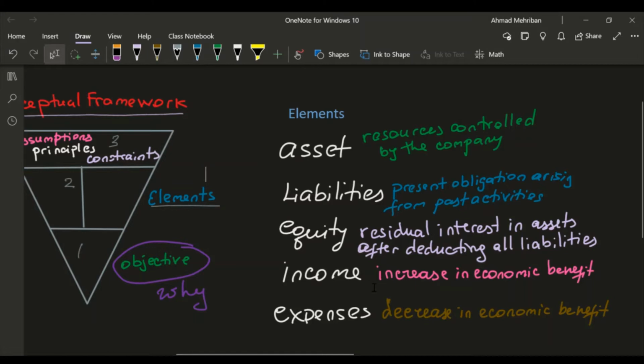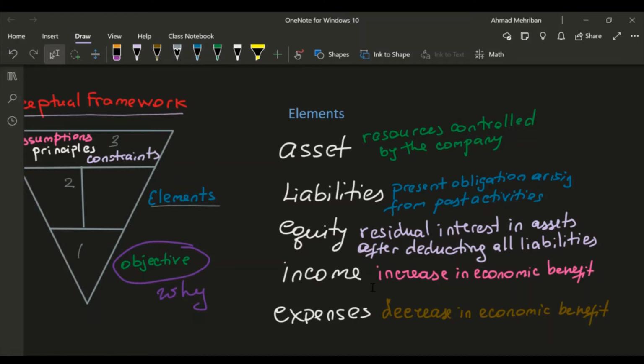Just to differentiate, because I can imagine students asking, assets also increase when you add cash and so on. But in this case, we're talking about, for example, income during the accounting period. Some event happens, such as a sale.